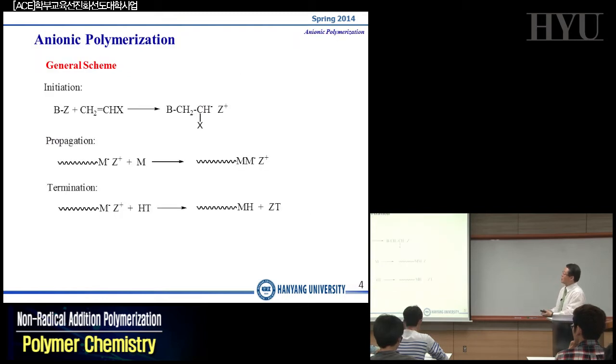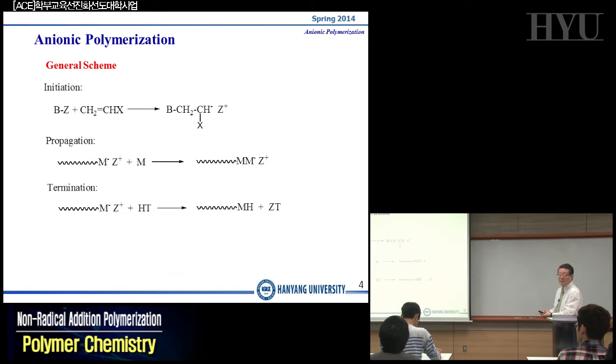So in the general scheme, if you have anionic polymerization, we have initiation, propagation, and termination. The initiation is when you have a vinyl monomer, such as vinyl chloride, and we have B-G.